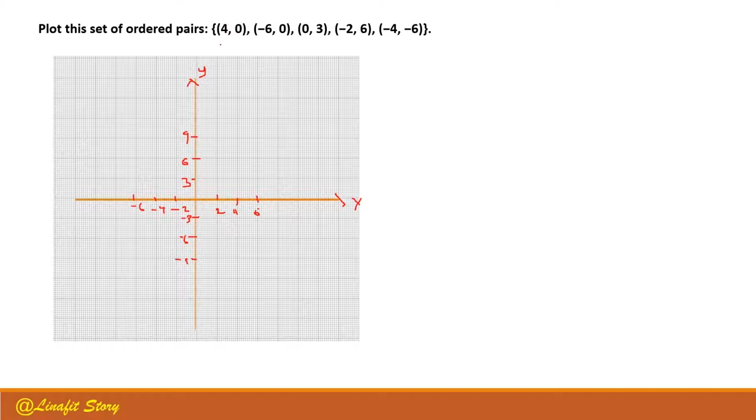So now here, this is for (4, 0). Then (-6, 0). And then (0, 3). (-2, 6). And the last one is (-4, -6).